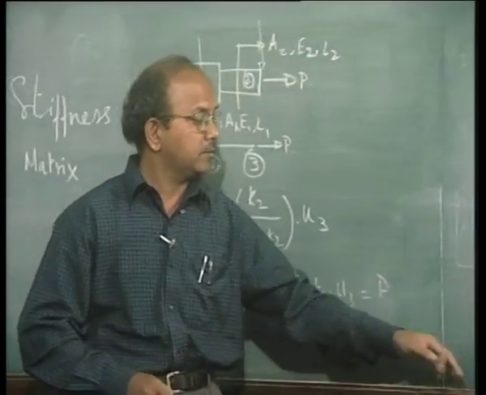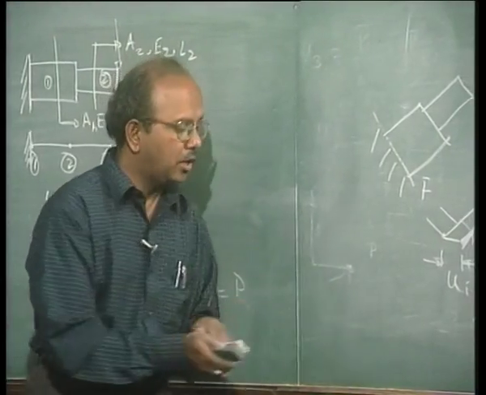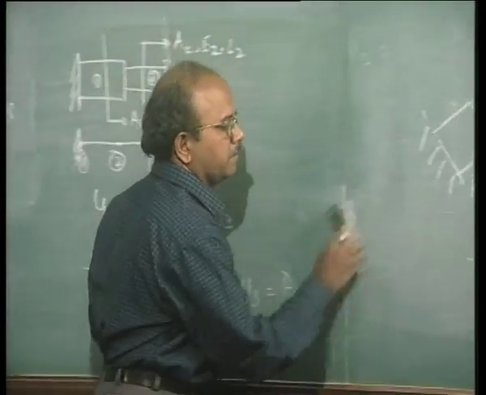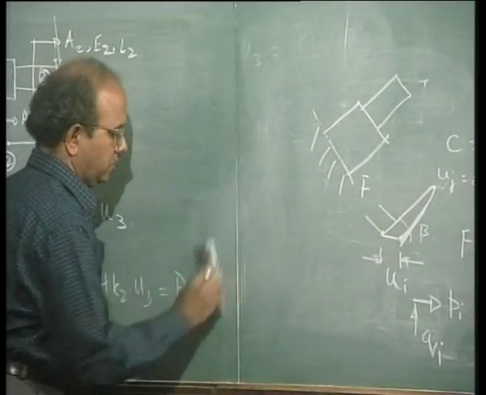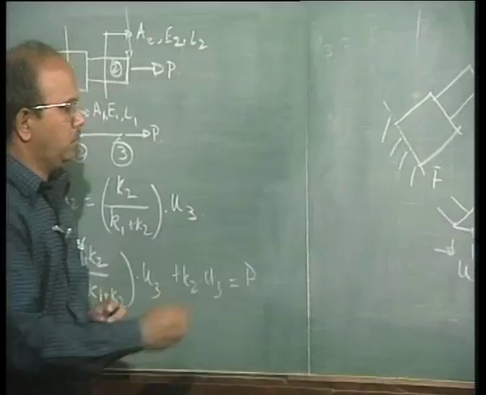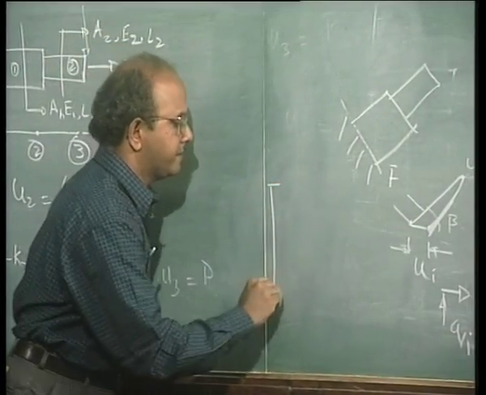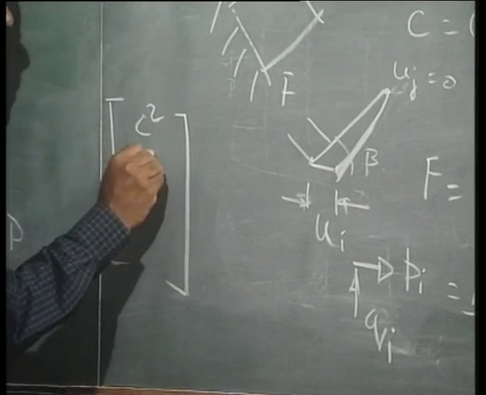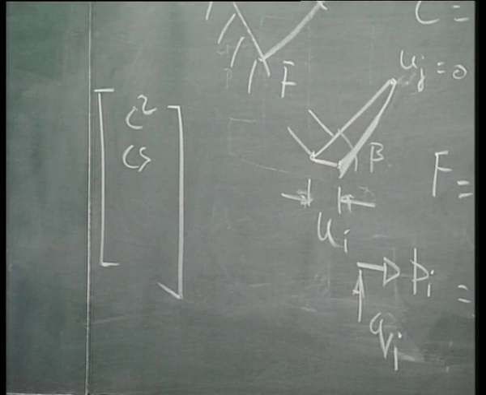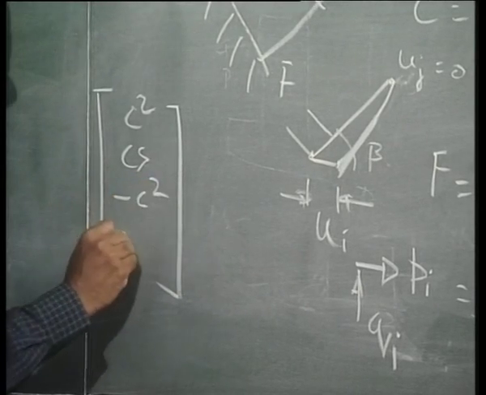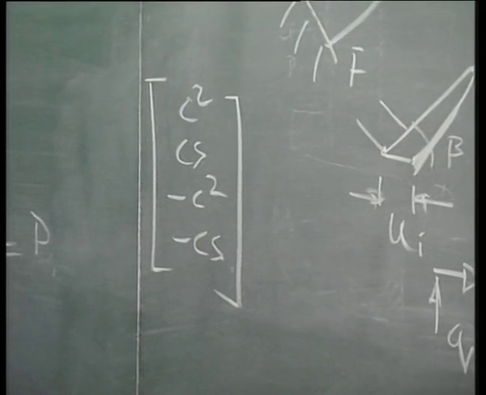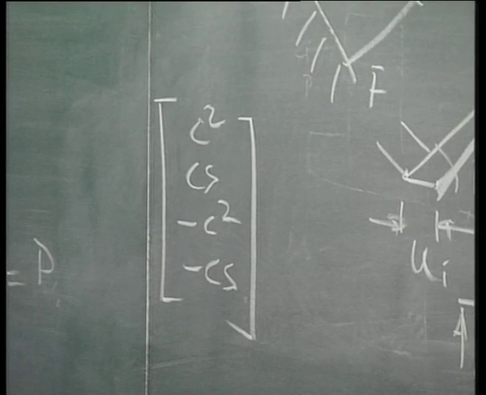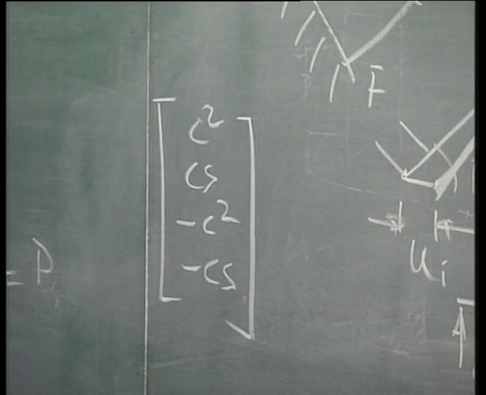So the first column of the corresponding stiffness matrix would look like C squared, Cs, minus C squared, minus Cs. Is that clear? Corresponding to 4 degrees of freedom.